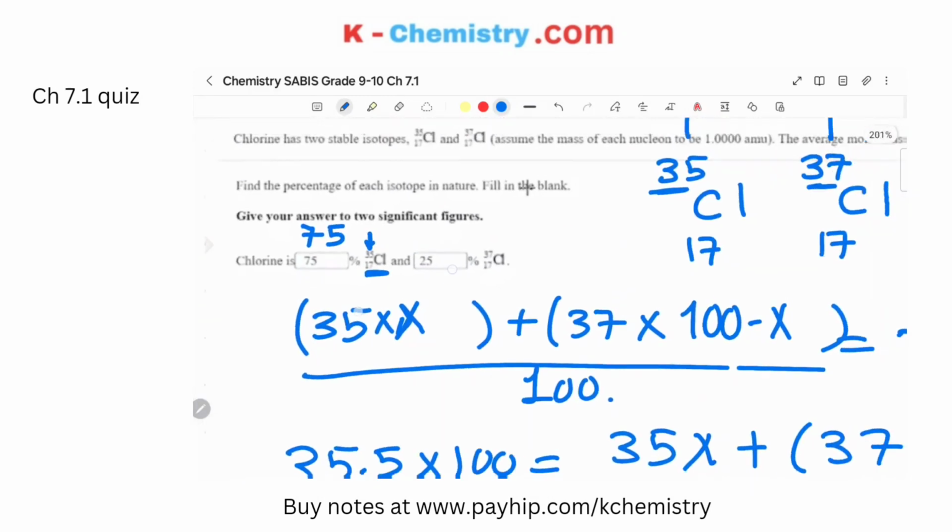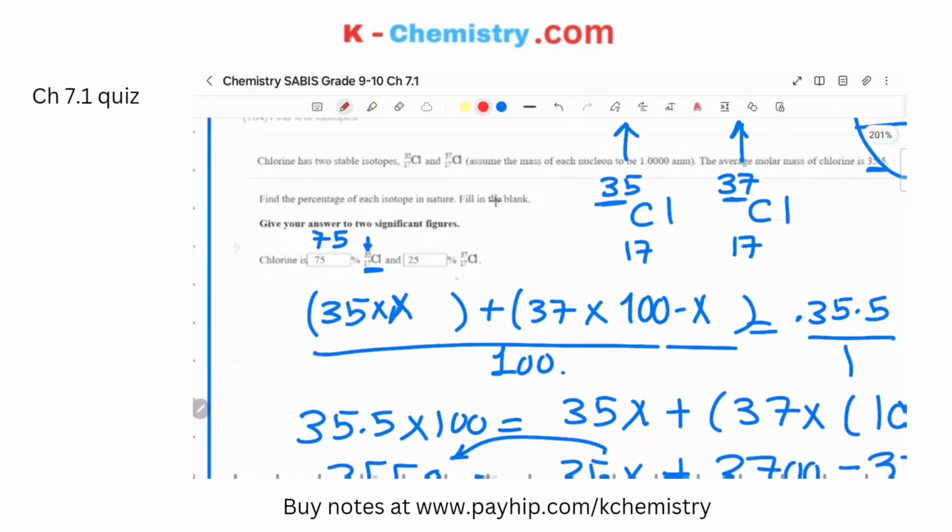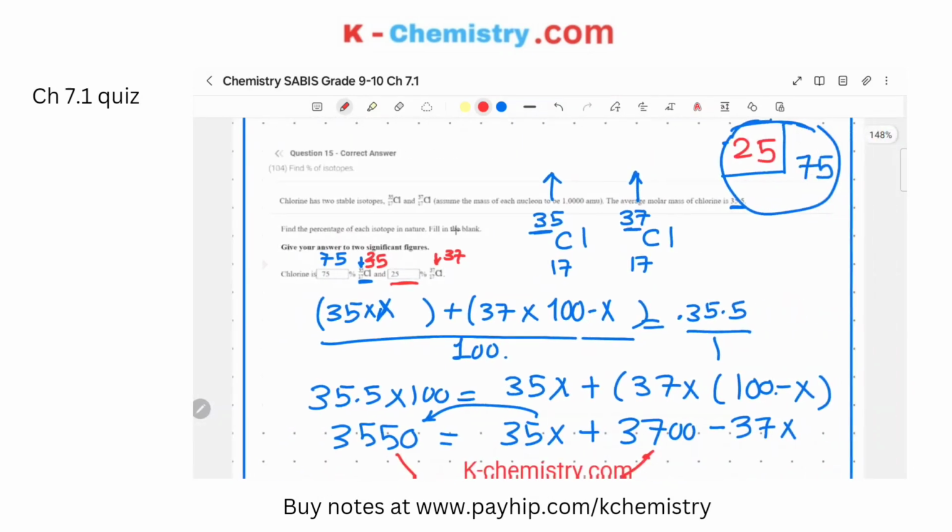That is its abundance. What is the other percentage? It is 100 minus x, so it is 25. So 25% has a mass of 37. That's why the number is mostly 35. The average is closer to 35 than to 37, so the average is showing here as 35.5.